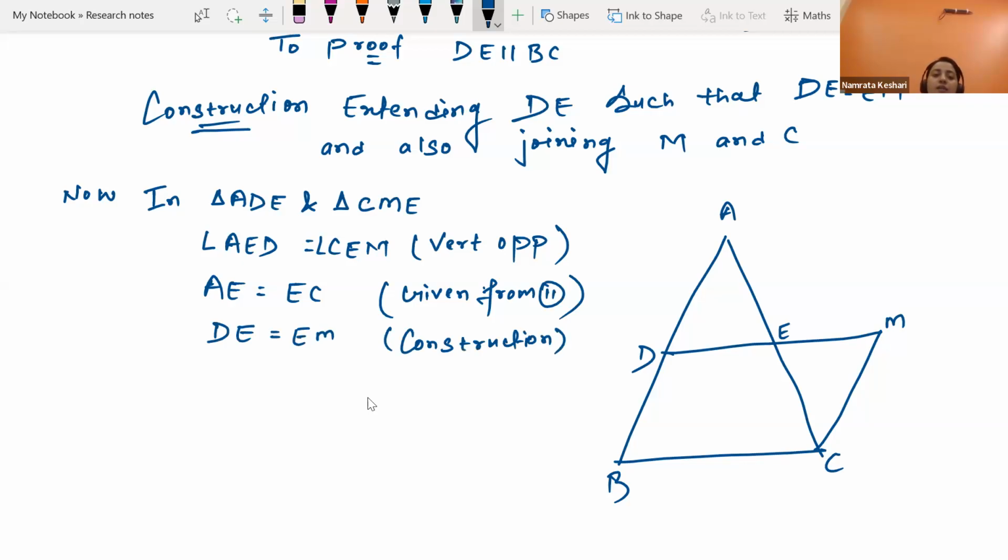Then by side angle side, is it congruent? Yes, ma'am. Let me check. Yes, side angle side. Teachers, can you see it?